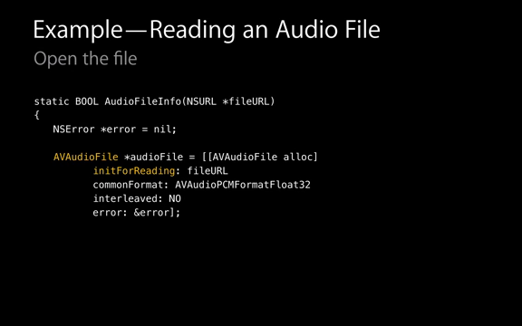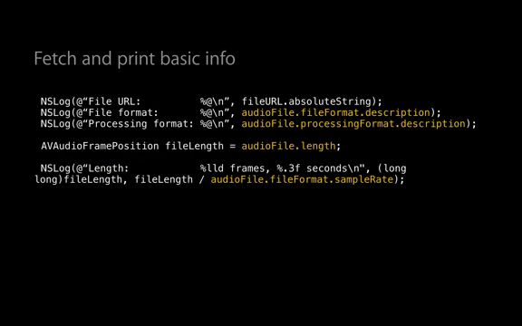I could have left those off and gotten a standard format. I'm going to fetch some basic information from the file and print it, including the file's on-disk format and the processing format. I can query the audio file's length in sample frames, and I can convert that length in frames to a duration by dividing by the file's sample rate.